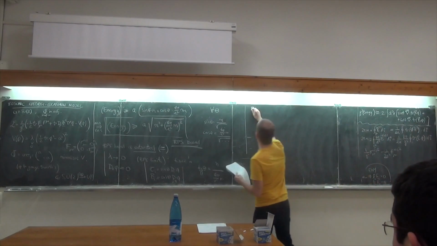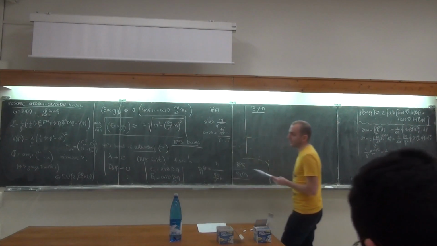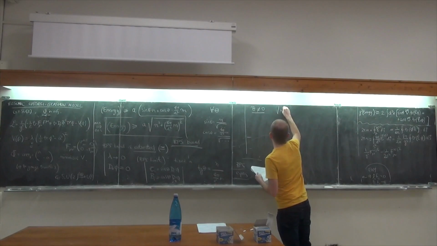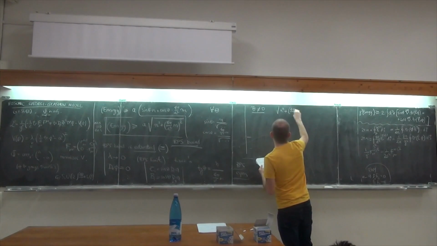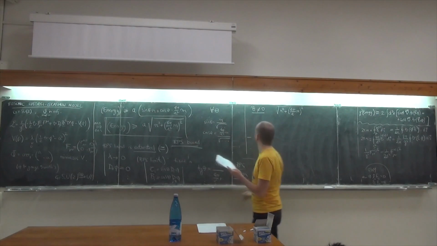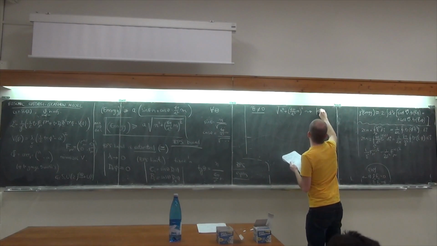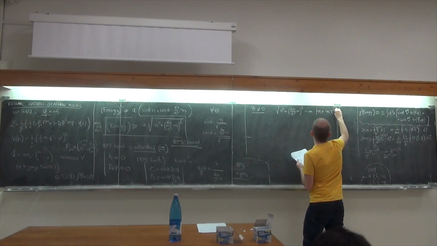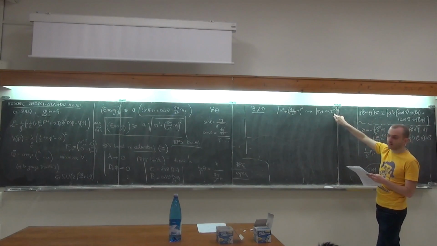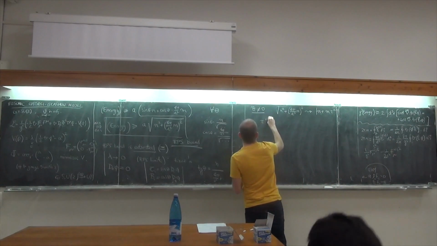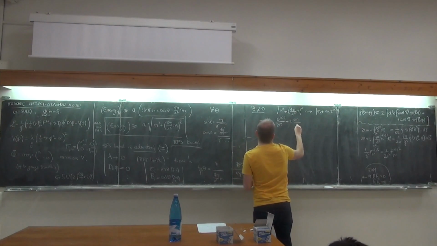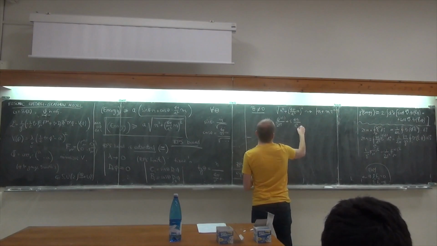Okay, so maybe just a quick final comment. If you turn on the theta angle, theta different from 0, and you repeat the argument, in the final result you just replace this right-hand side by this combination: the absolute value of the electric charge plus the magnetic charge times the complexified coupling of the U(1), where tau_U(1) is theta_U(1) divided by 2 pi plus 4 pi i over g squared of the U(1).